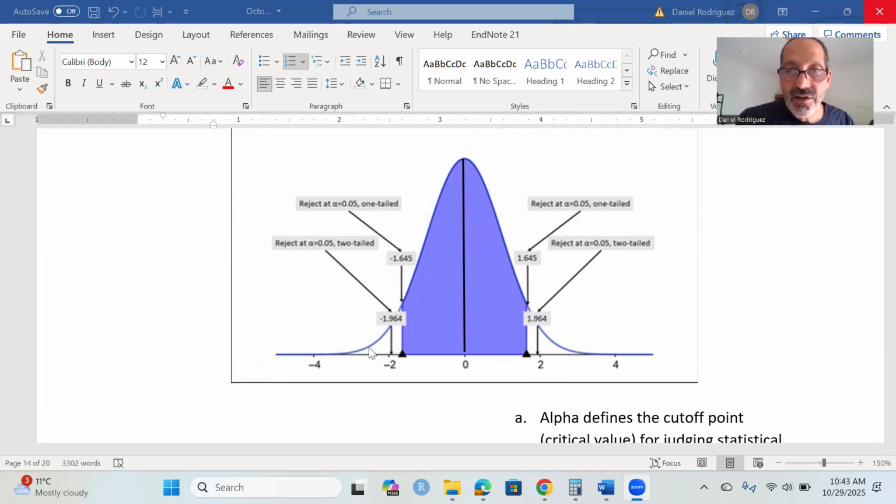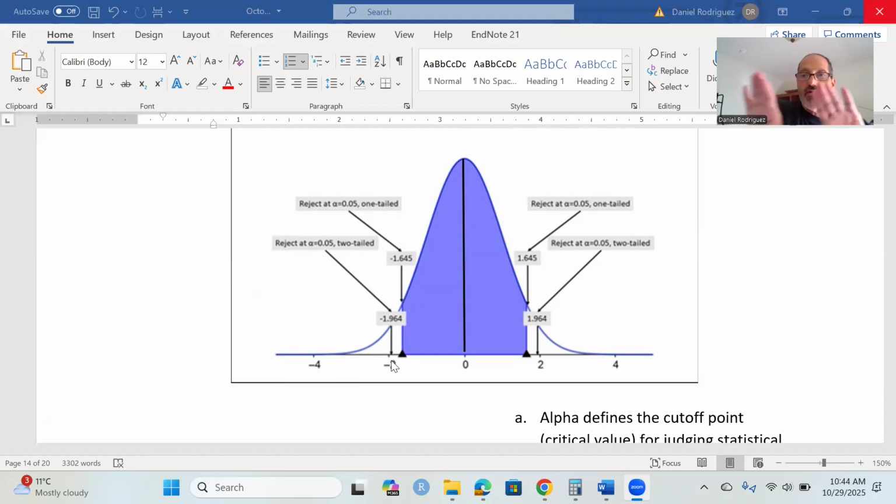If I'm not sure, though, I might say, well, they could be happier or they could be sadder. I'm not really sure. They just differ from the population. That uncertainty, if I want my alpha to remain 5%, has to be split between these two. The outcome of doing that splitting is that my critical value moves out to 1.964 or negative 1.964. So that's why I chose 1.964 for my example.